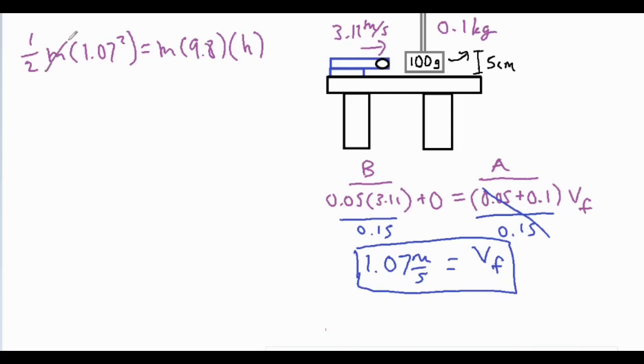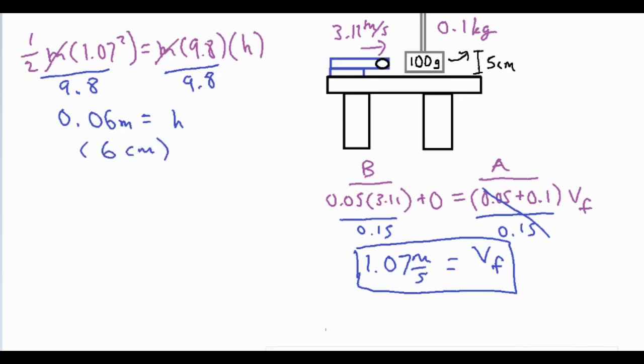So I left it as m because the m's are going to drop out anyways. So basically all we do is divide both sides by 9.8. And then our height comes out to 0.06 meters. So it had a fairly small rise of 6 centimeters.